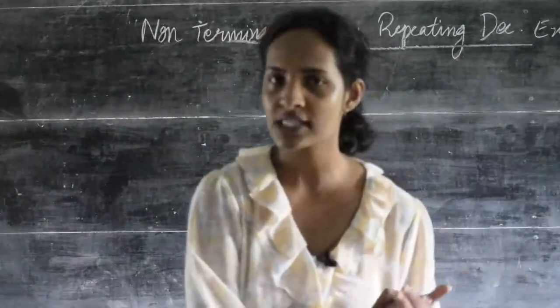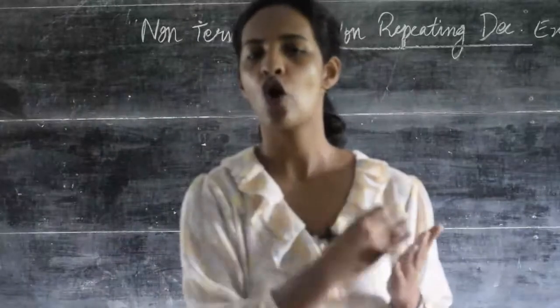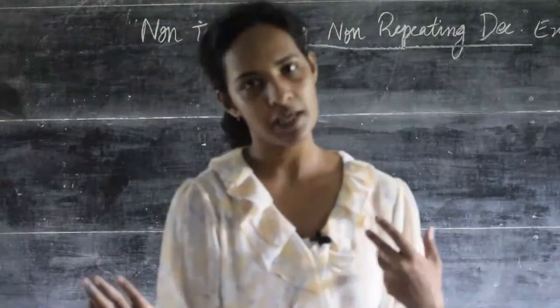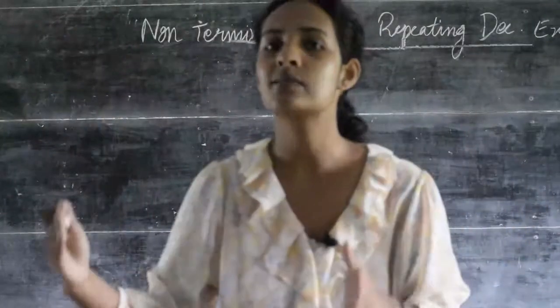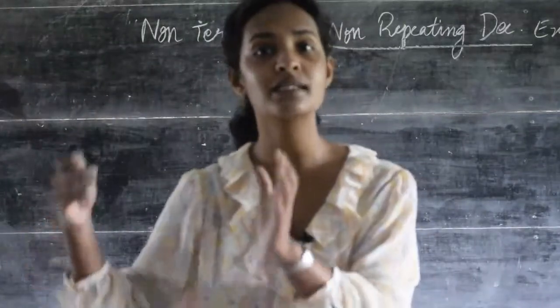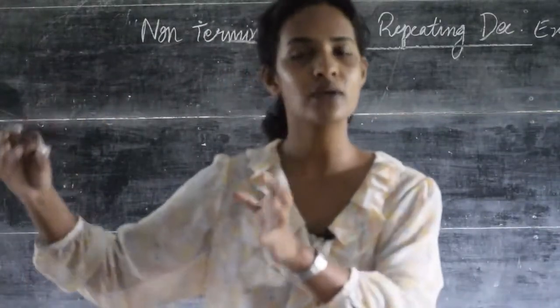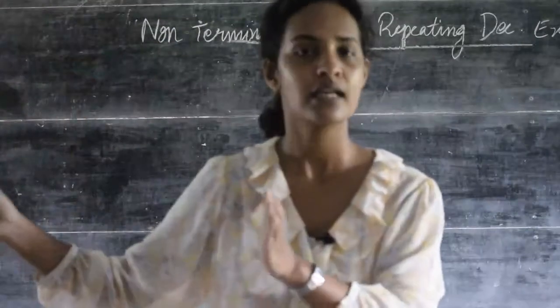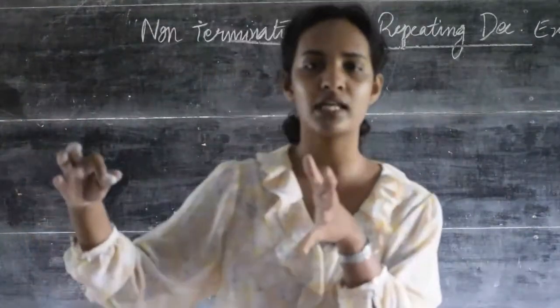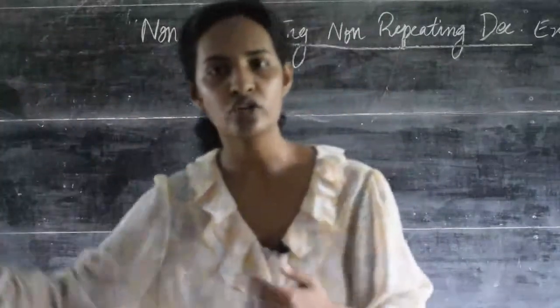So now we are going to study the third case, which is non-terminating, non-recurring or non-repeating. What does that mean? It means that the decimal expansion does not stop and the sequence of numbers that we get is not going to repeat itself, okay?